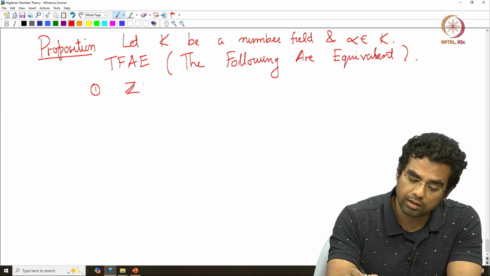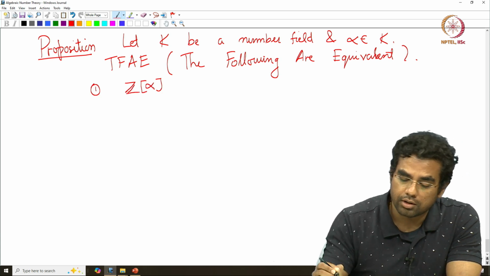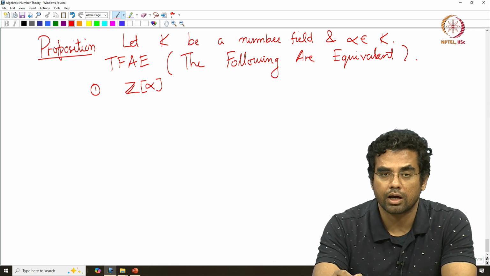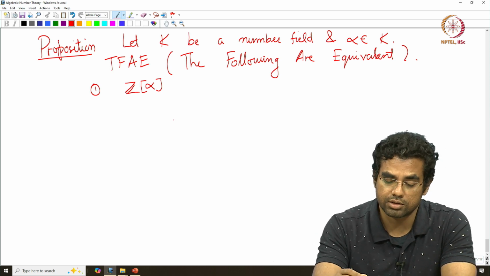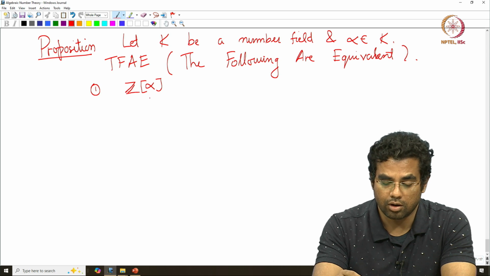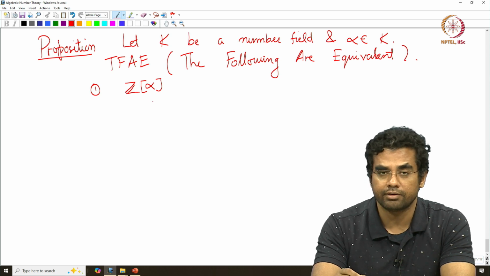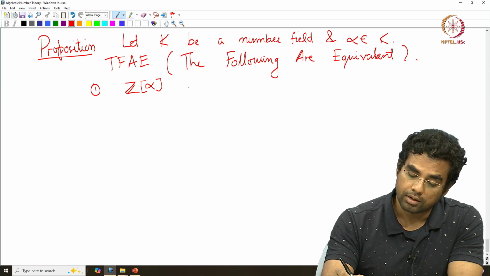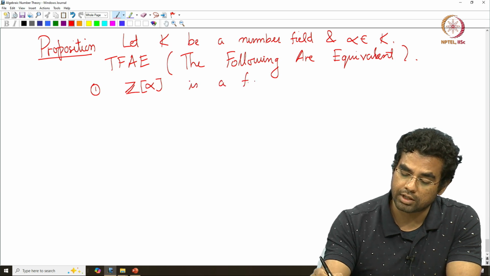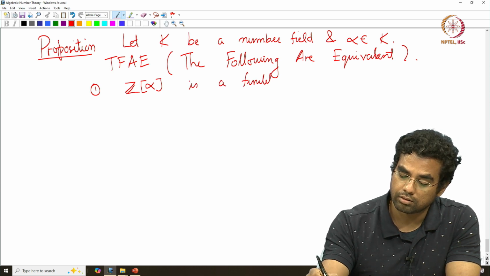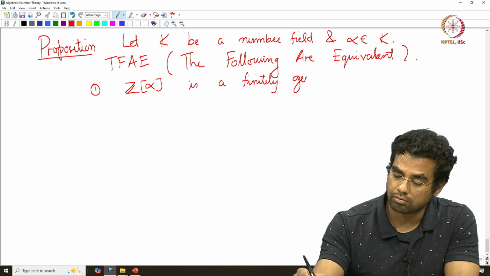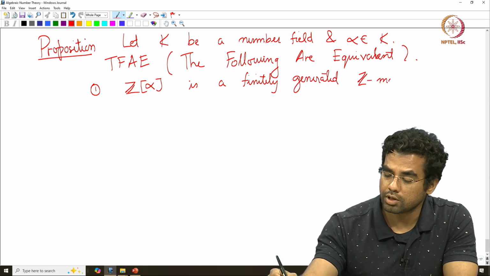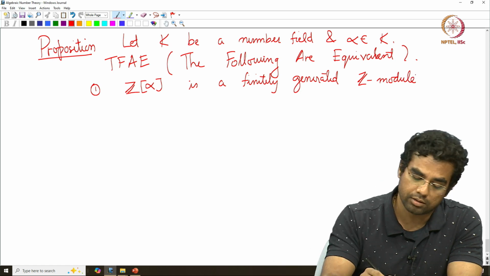So, if I take the smallest ring containing Z and alpha, this is denoted by Z[alpha]. This consists of all polynomials in Z[x] evaluated at alpha. That is one way of thinking about it: Z[alpha] is a finitely generated Z-module. Okay. So, that is my first statement.